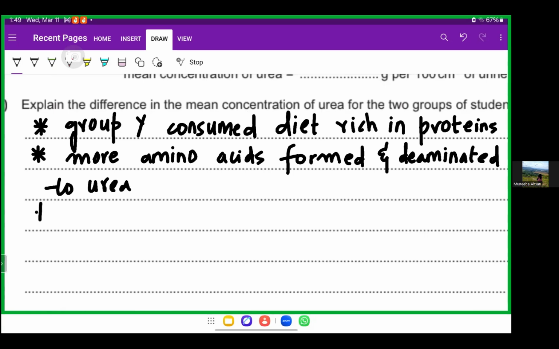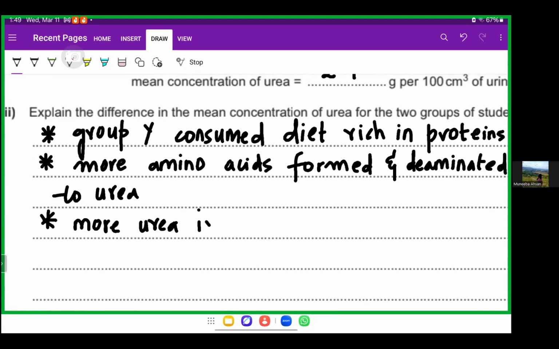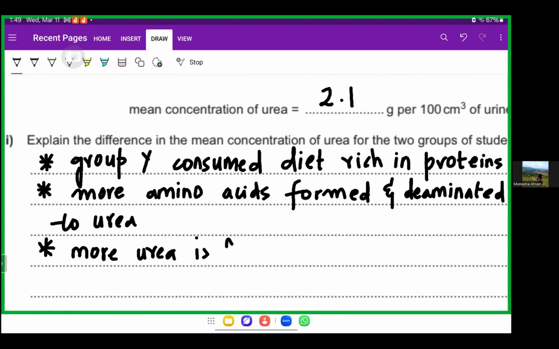After deamination, what happens? More urea is filtered into urine.